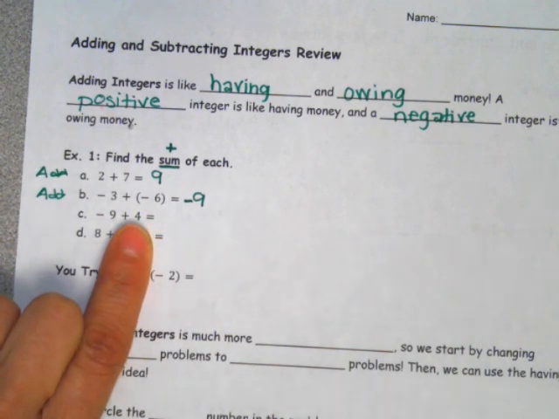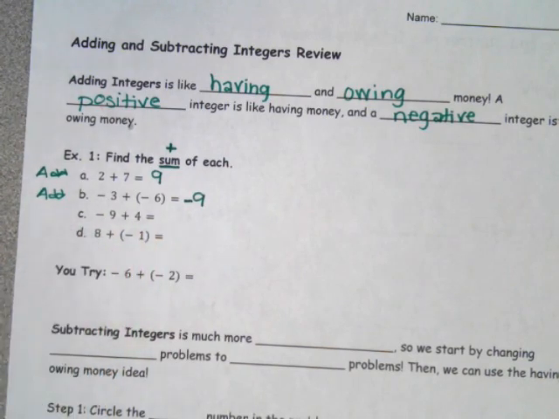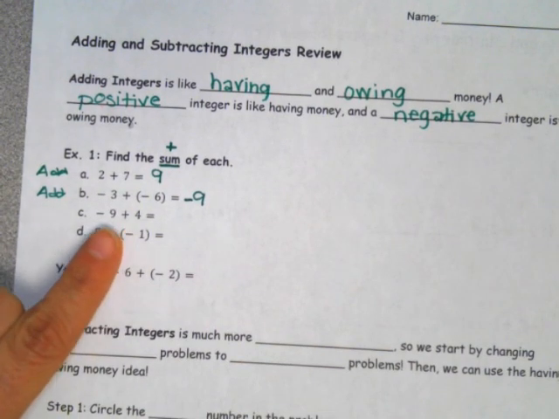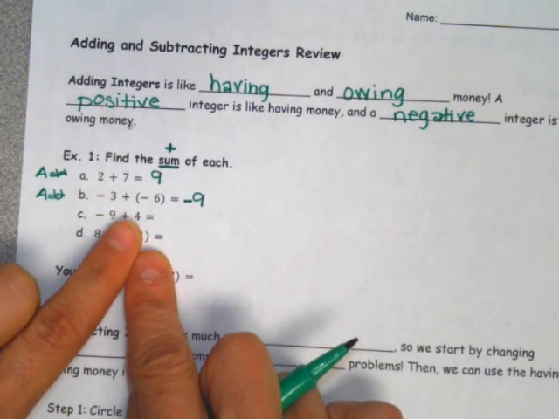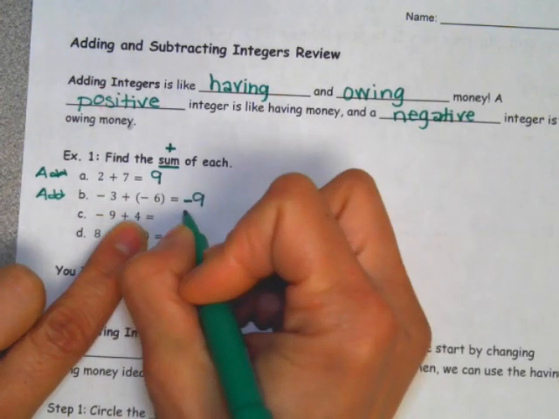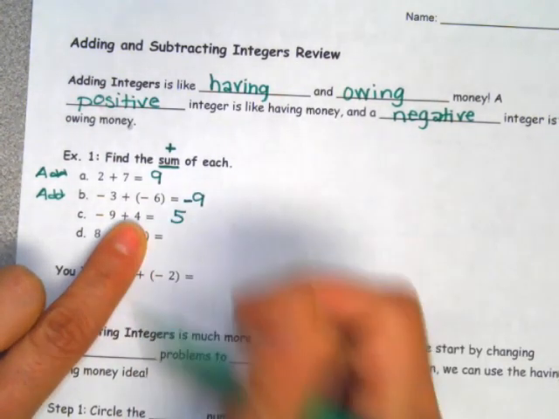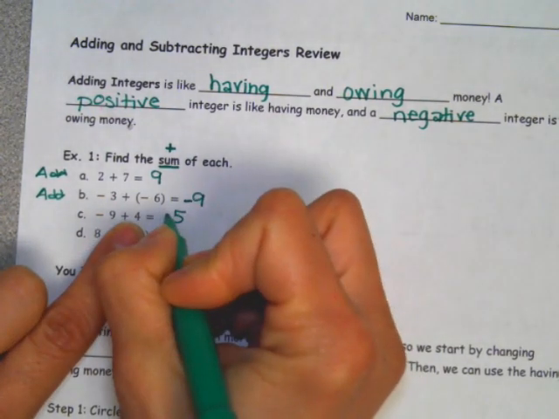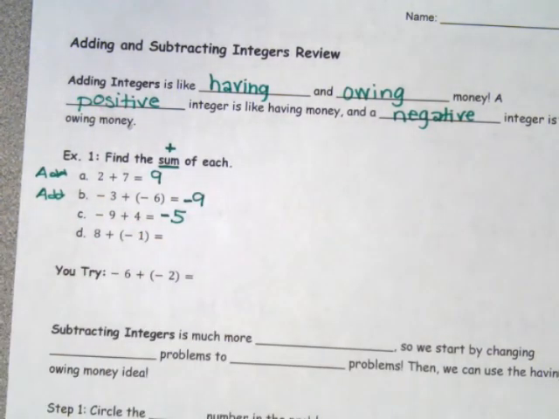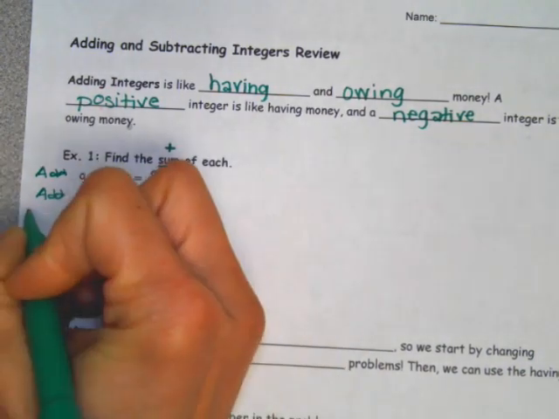So if you give her the $4, do you still owe her money? You do. You didn't pay off your whole debt. So you're actually subtracting here, right? So 9 minus 4 gives us 5. But you don't have $5 now. You still owe Mrs. Patma $5. So in this case, you subtract.